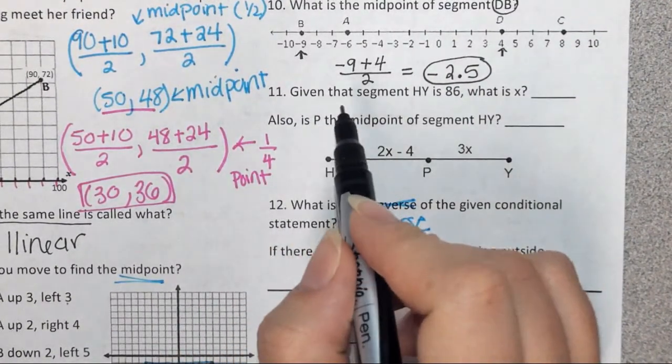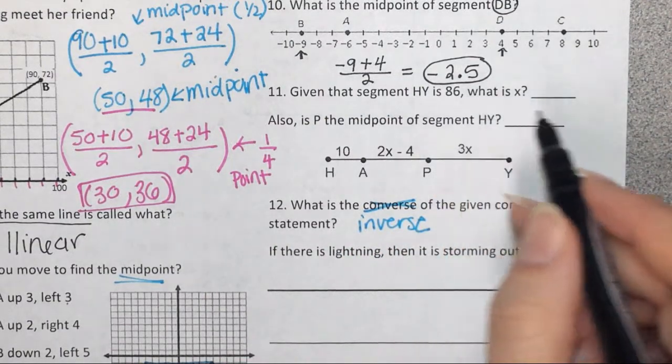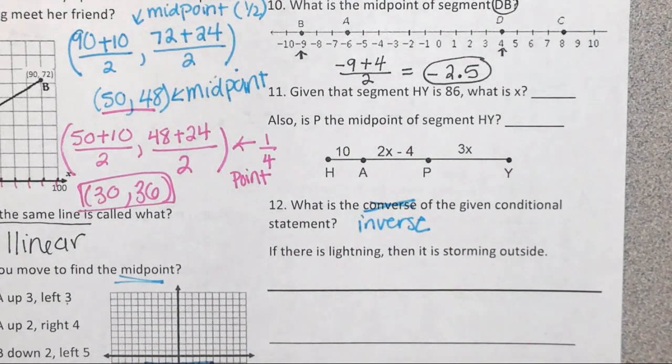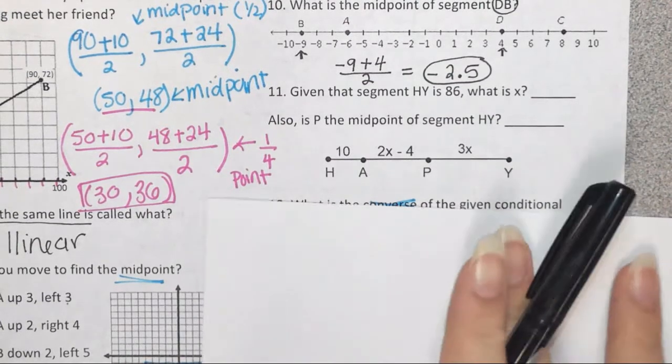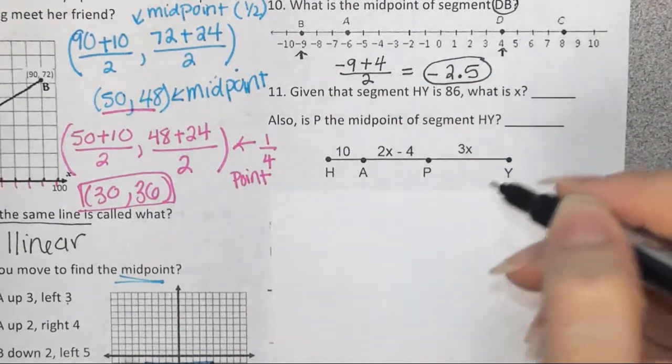Number 11. Given that segment HY is 86, what is X? Okay. All right, I'm going to get another piece of paper for this since I'm kind of running out of room here. Okay, so here's going to be my scratch paper.